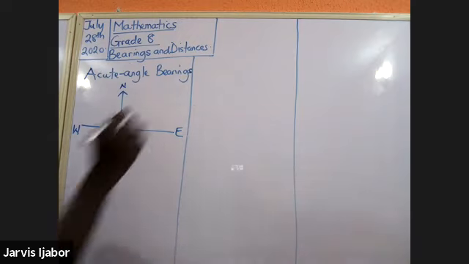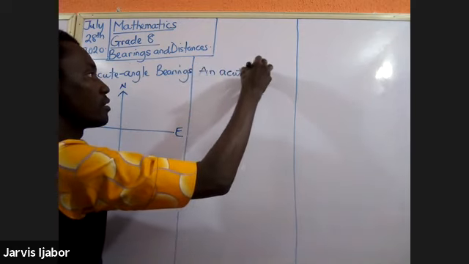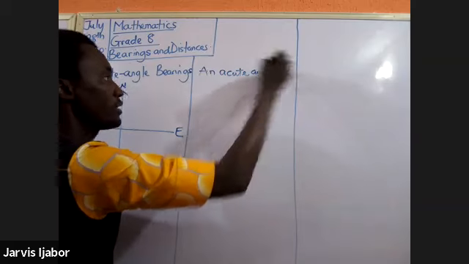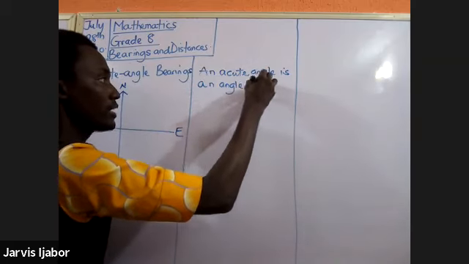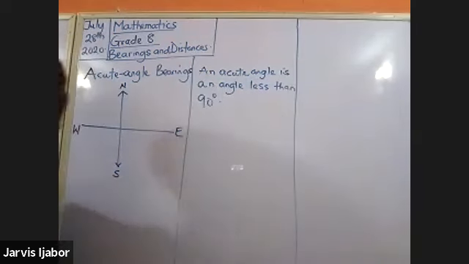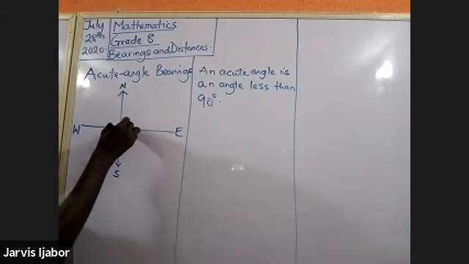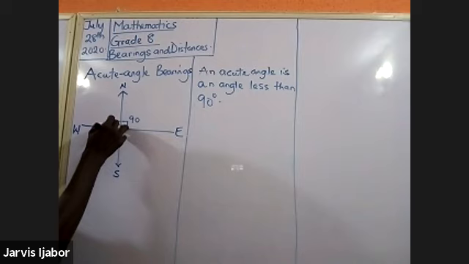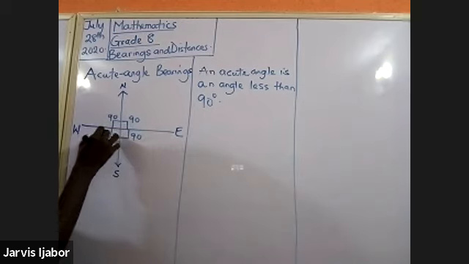An acute angle is an angle less than 90 degrees. So remember we said when we're being taught that this angle here is 90 degrees, this angle is 90 degrees, this angle is 90 degrees.